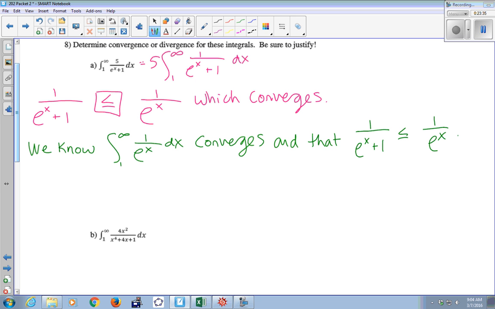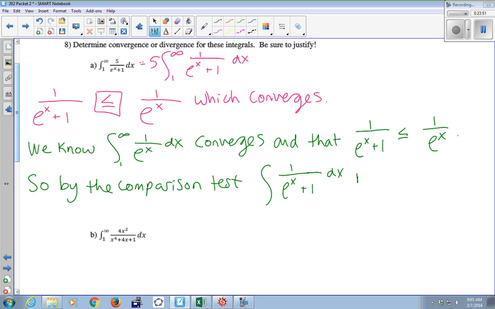So by the comparison test, the integral of 1 over e to the x plus 1 dx must also converge, right? Because that integral is smaller than an integral that we know is finite.